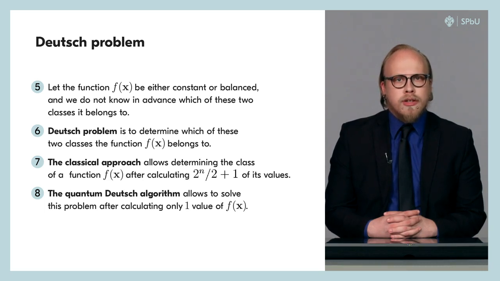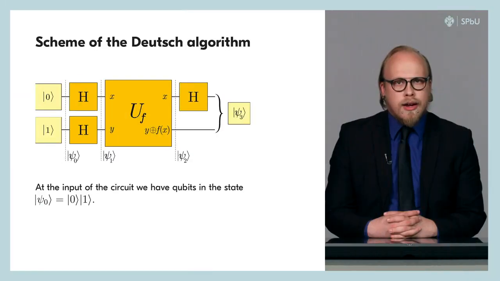If we use the quantum Deutsch algorithm, it turns out that all we need is just one appeal to the oracle, that is, to the quantum computational scheme. The slide, which you see now, presents a calculation circuit that implements the Deutsch algorithm. This scheme consists of three Hadamard elements that make the transposition from the computational basis to the Hadamard basis.